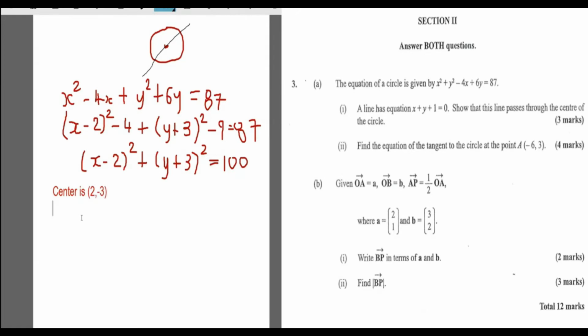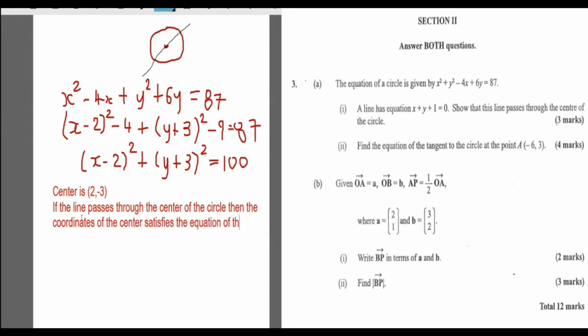So now we can answer the question. If the line passes through the center of the circle, then the coordinates of the center satisfy the equation of the line. Let's test it out. The equation of the line is x plus y plus 1 equals 0.